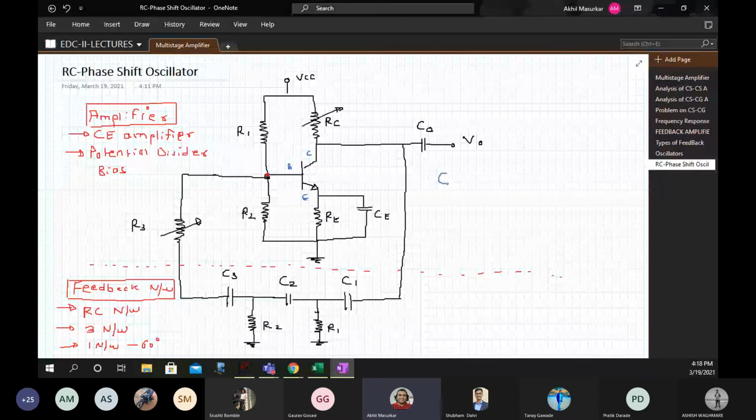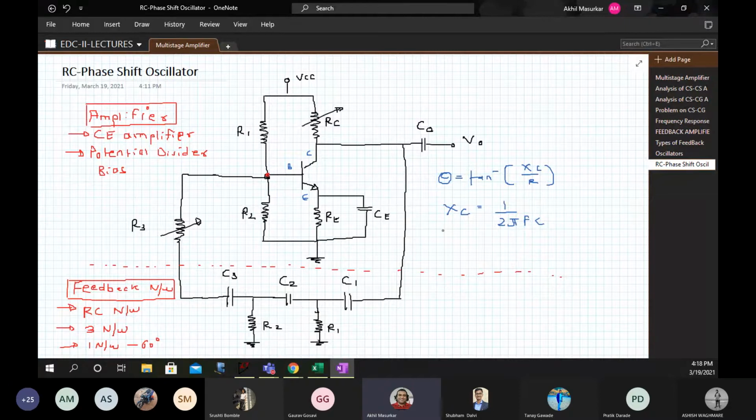The phase shift is tan inverse of Xc by R, and Xc is nothing but 1 upon 2 pi Fc. First we need to decide what frequency of oscillation we are expecting. F is given, and based on F you can calculate Xc.